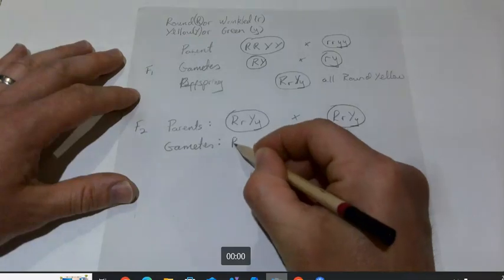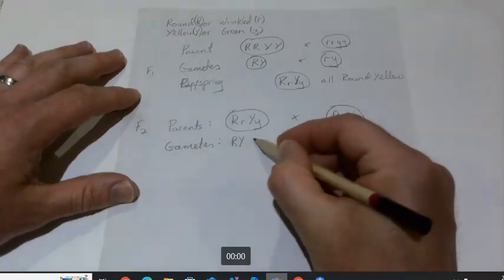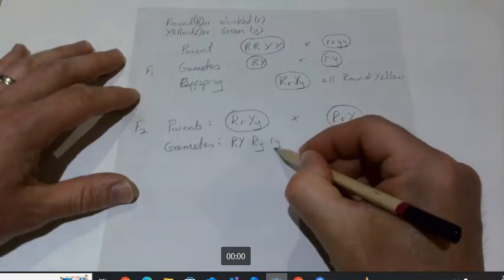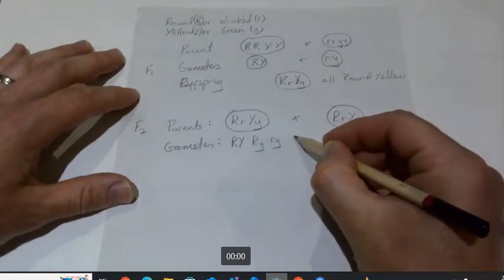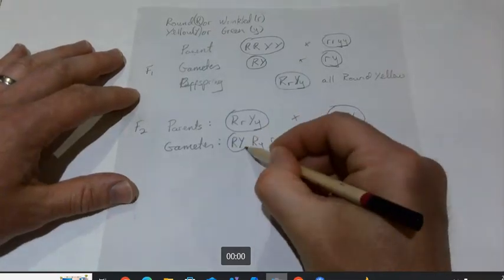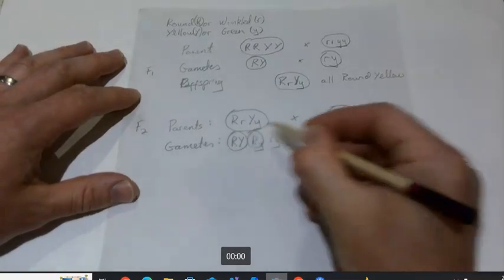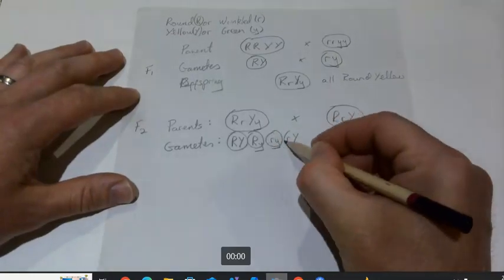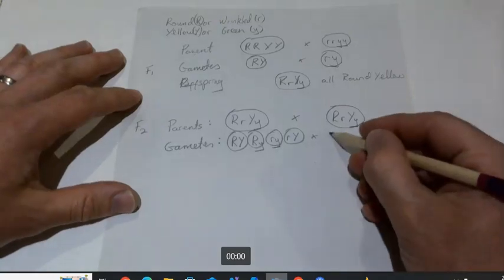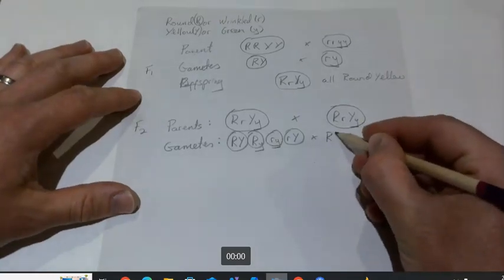We could have the capital R with capital Y, capital R with small y, small r with small y, or small r with capital Y. And we see this parent is the exact same. So all possible combinations.